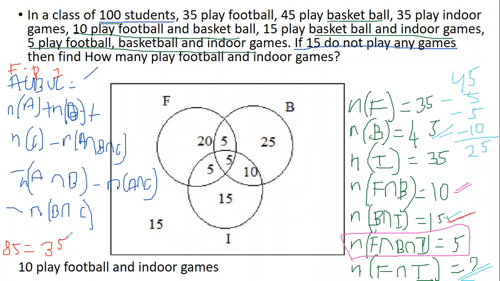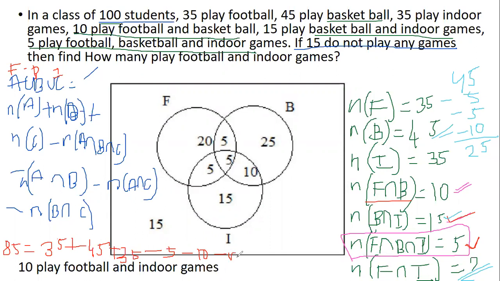N of F is 35 plus N of B is 45 plus N of C, that is I, indoor games, is 35 minus A intersection B intersection C, that is all the three games, this one, 5, minus A intersection B is F intersection B, which is 10, minus A intersection C, that is F intersection I, we do not know.